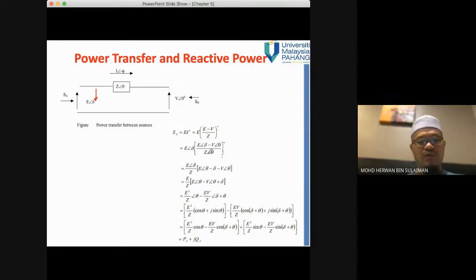You can take Z out, because Z is just a constant magnitude, right? So you take Z out and arrange it back in. So what we have is E at the angle of theta divided by Z.